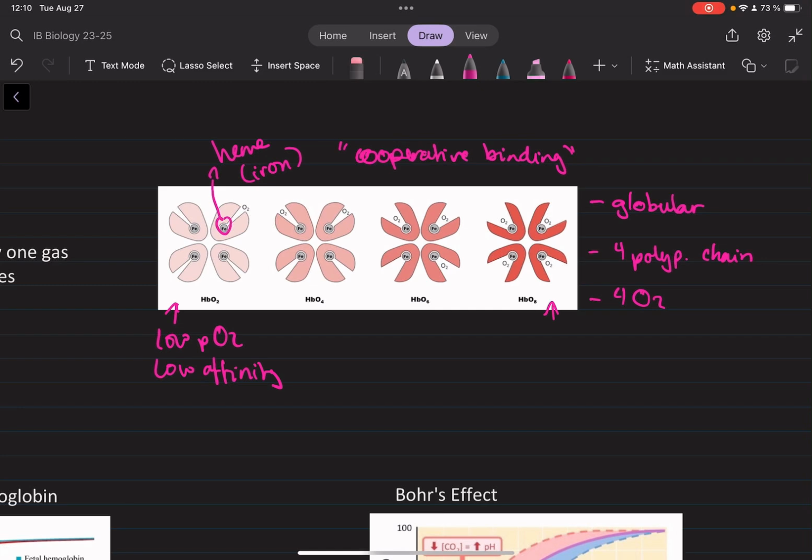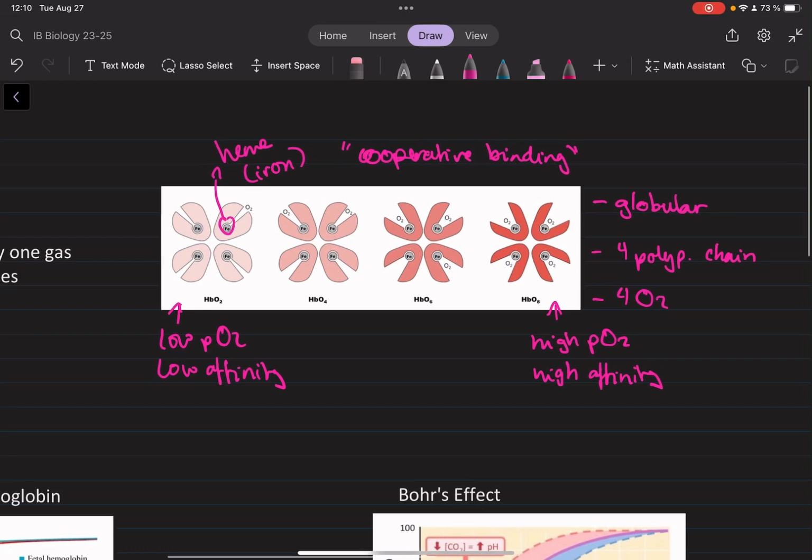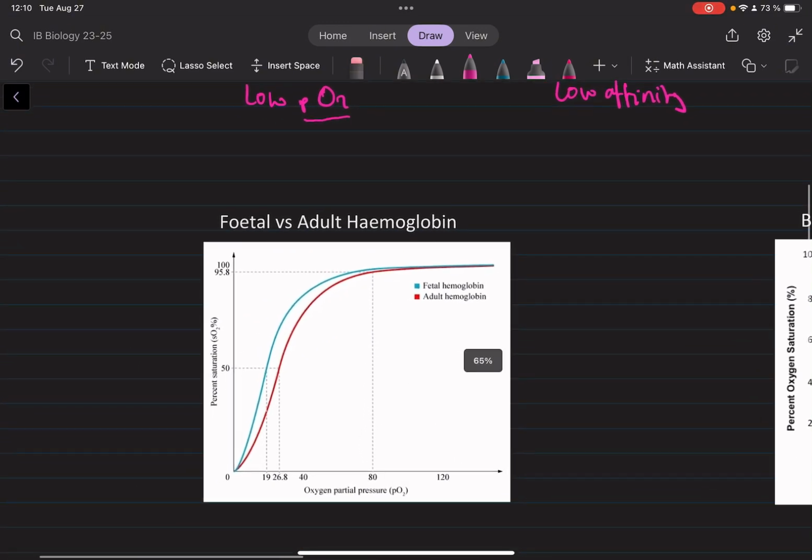However, in areas of high partial pressure of oxygen, you also get a high affinity of oxygen to that hemoglobin. Now we can see all this in a graph.